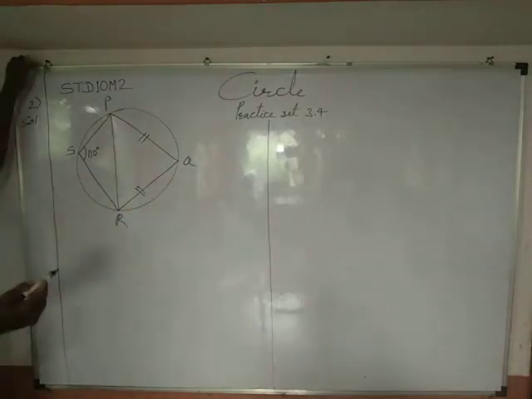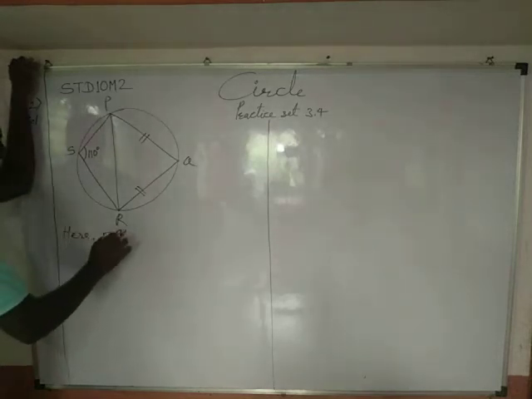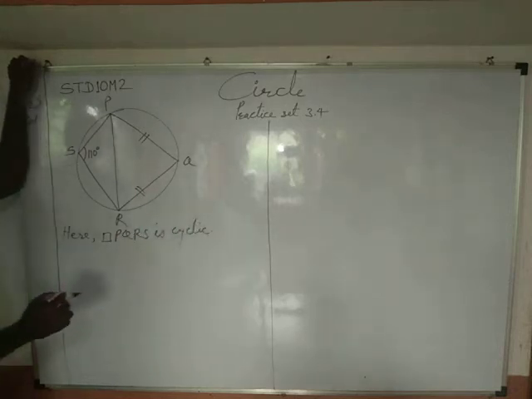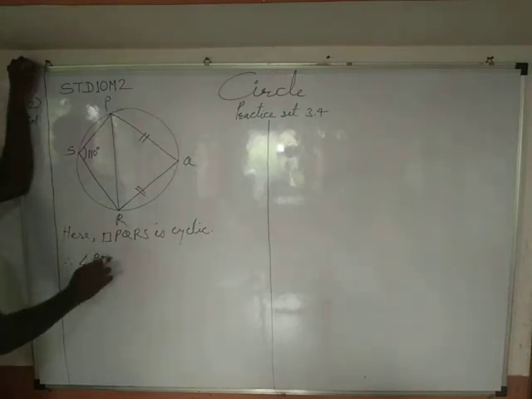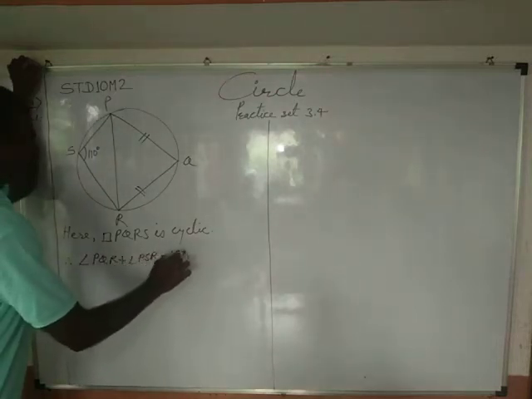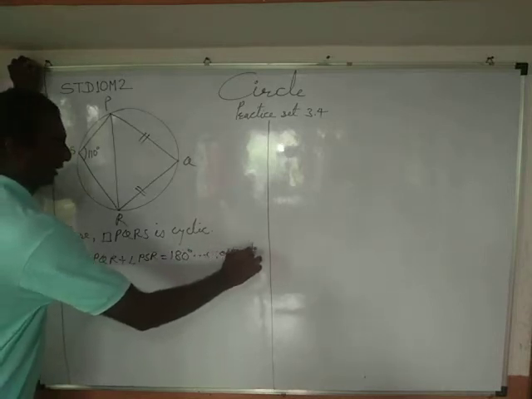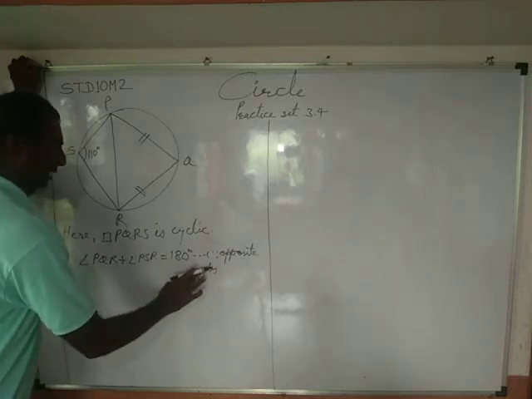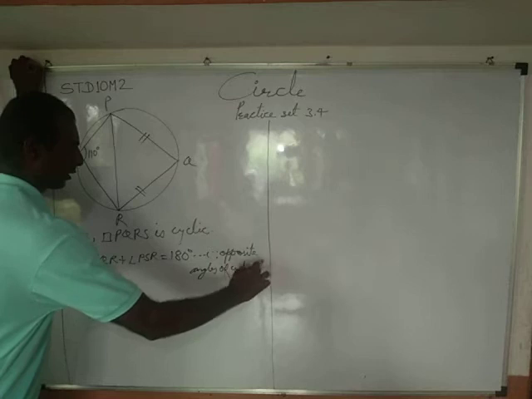From the figure, quadrilateral PQRS is cyclic, and therefore angle PQR plus angle PSR equals 180 degrees, since they are opposite angles of a cyclic quadrilateral.